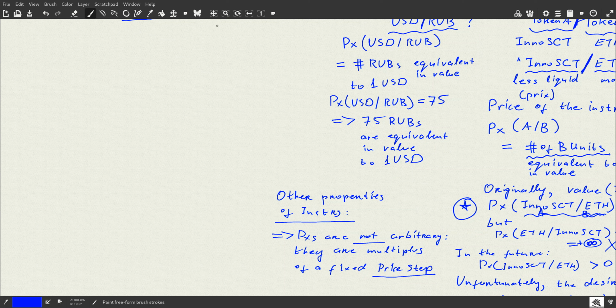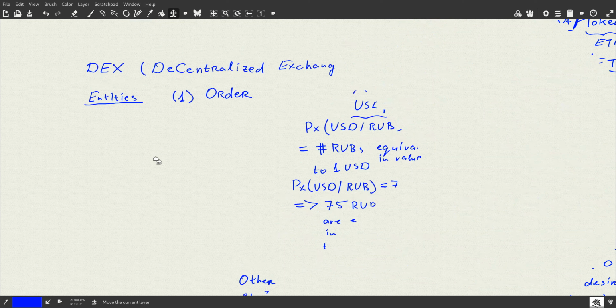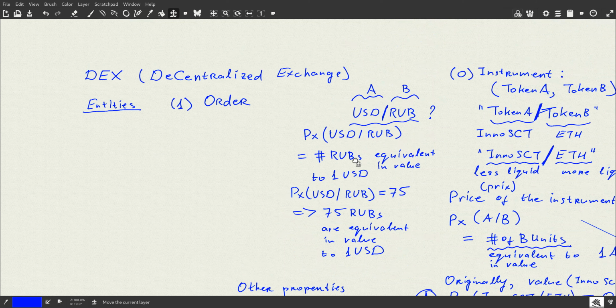For example, if we go back to this fiat currency exchange example, USD ruble, then again, in which units the price step is expressed. As the prices are expressed in the units of currency B, USD ruble price is expressed in rubles, right? In rubles, in the B units.